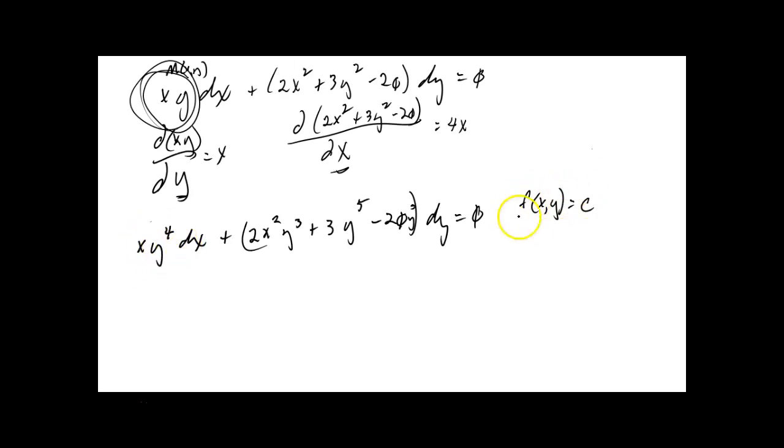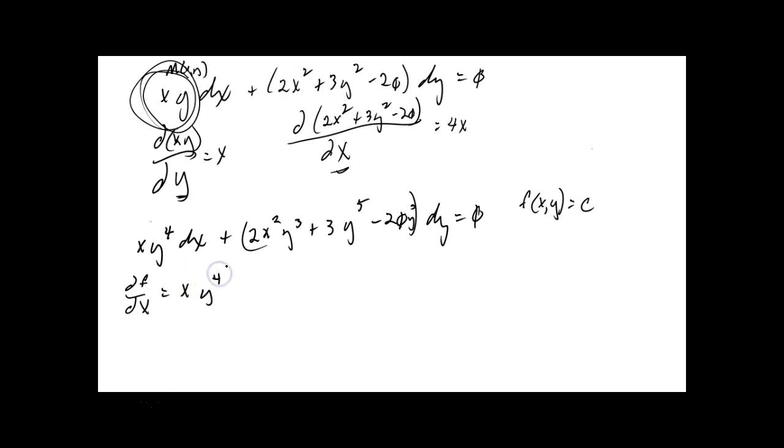Because if you were to take the derivative of this, you say partial of f with respect to x dx plus partial of f with respect to y dy is equal to 0. And that's what we would have.